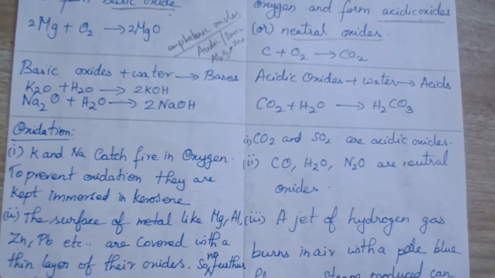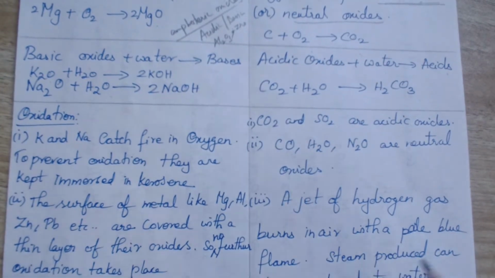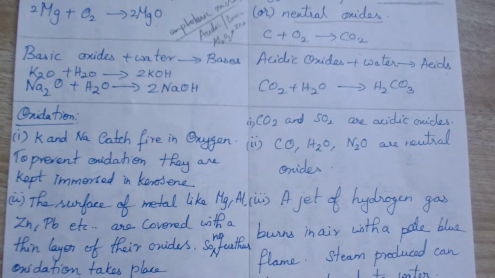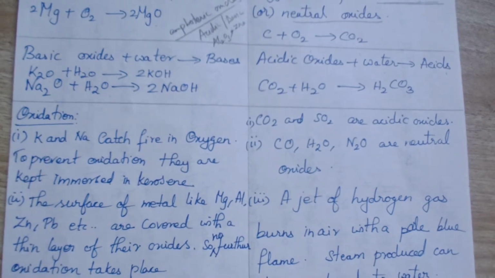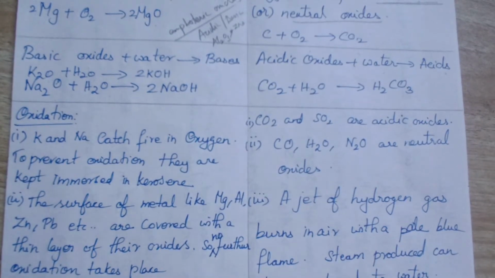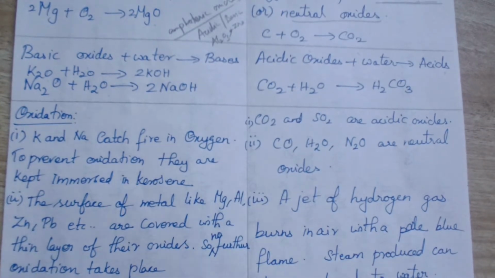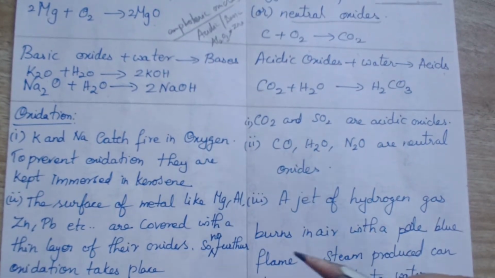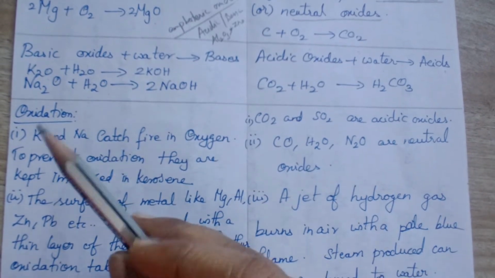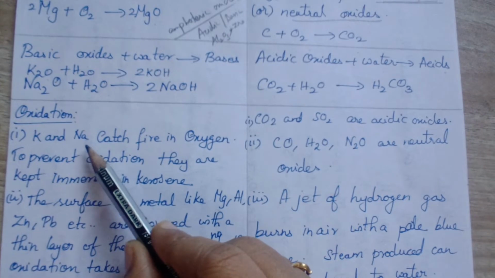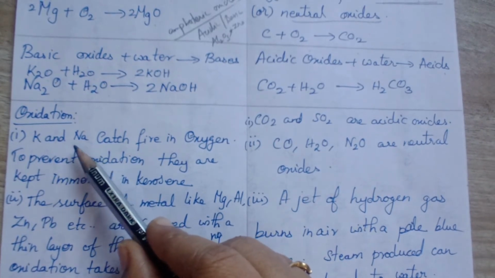Next, the oxidation reaction of metals with oxygen. A few exception cases and some important things have been discussed. All these are observed from the experiments and activities. In the oxidation process, potassium and sodium are very reactive metals, right?